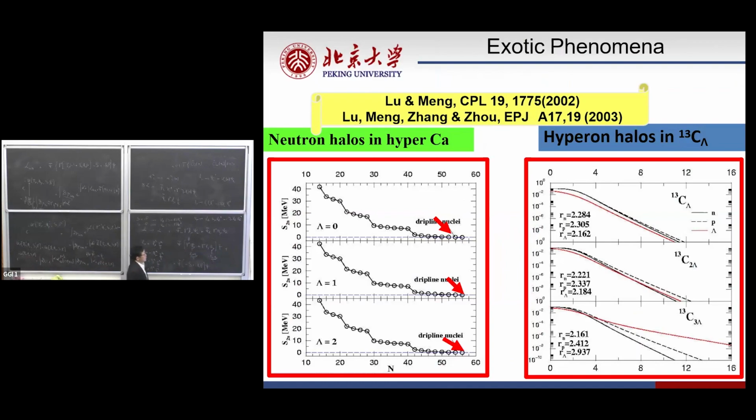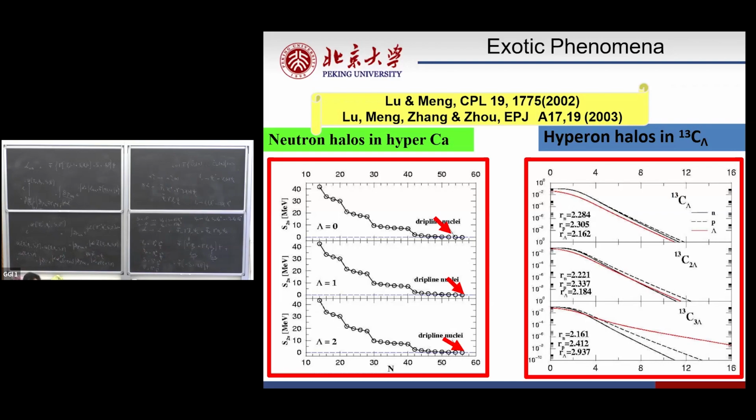For example, we can put in hypernuclei for this dripline, because hyperons add more attraction to the system. So normally hyperons always extend the dripline. And of course, if you have more and more hyperons in the nucleus, now there are already a lot of cases for 2-lambda hypernuclei.